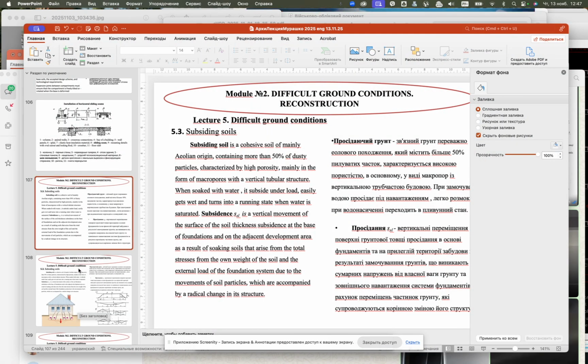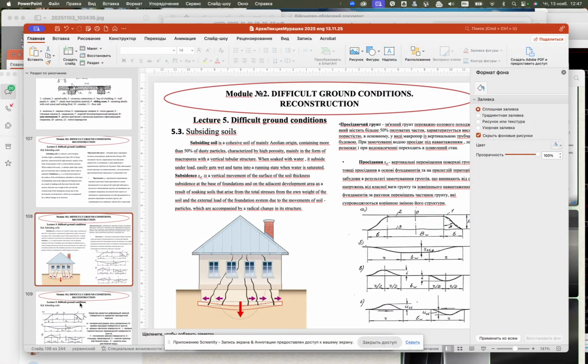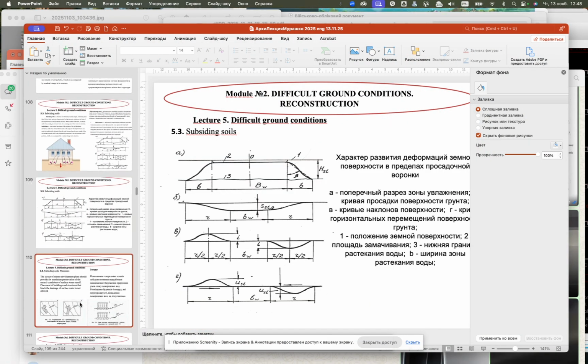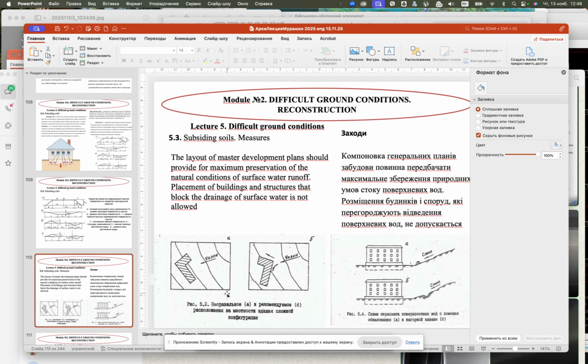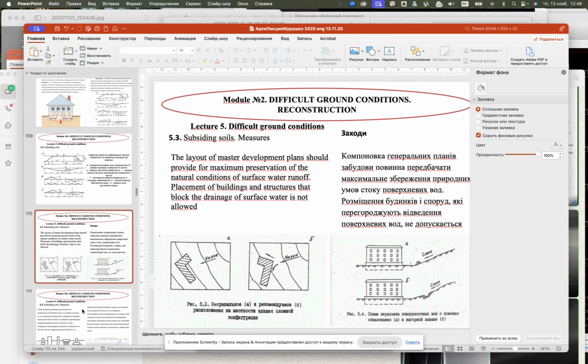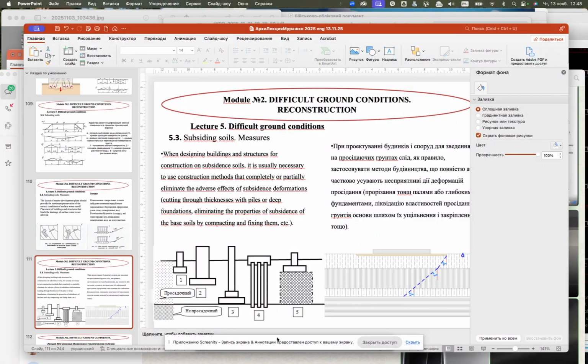The next difficult ground condition that we considered today is subsiding soils. It's a cohesive ground which, in the presence of water, leads to subsiding. We have a classification and we have measures: when we are developing master plans, to protect our building from collection of above-ground water, and to divert the water from the foundation of our building.